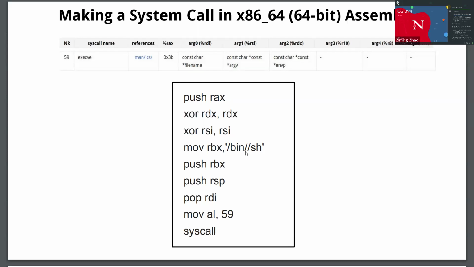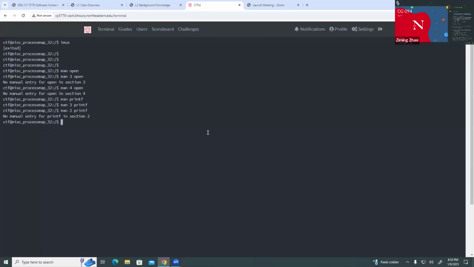In Linux, no matter how many slashes you have, it's just one, for paths. Let me show you one example. We're trying to see which program we want to use. Cat.